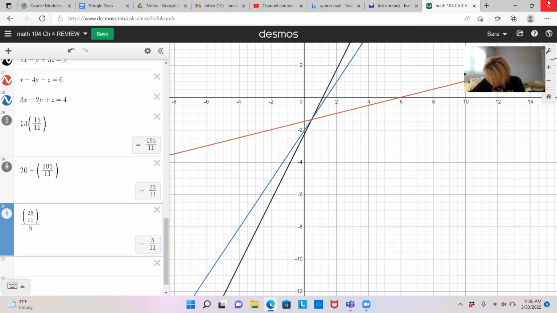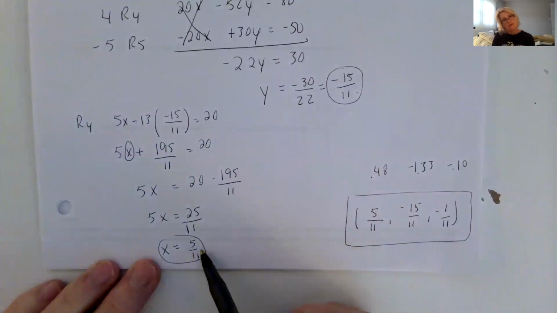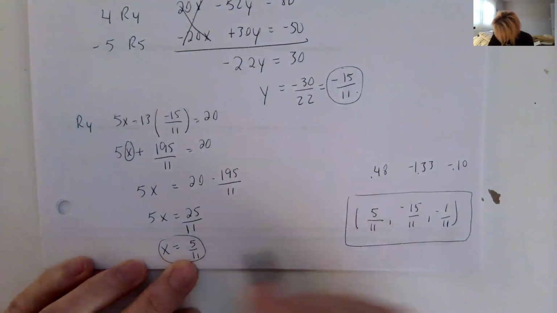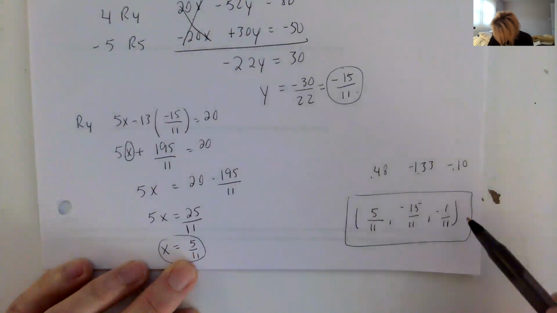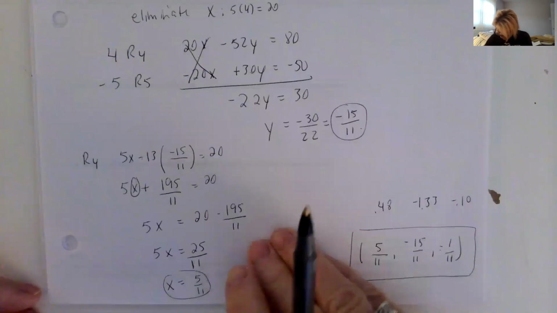And that is what Desmos said. So I'm going to take it back to my paper so we can all agree on everything. Okay, and so now we need to find z. I'm going to use row 2 just because it looks like the simplest one to use.